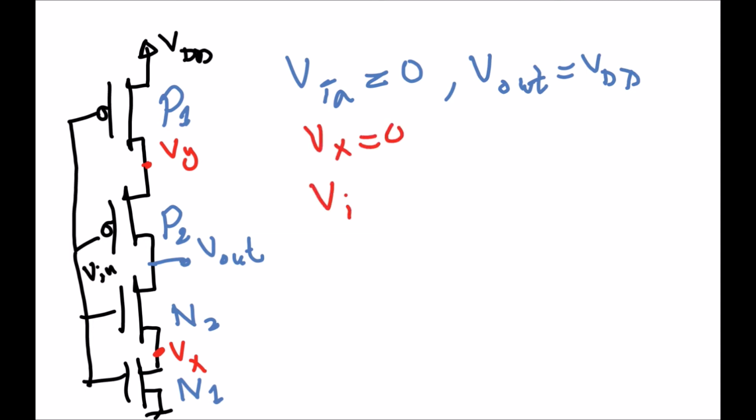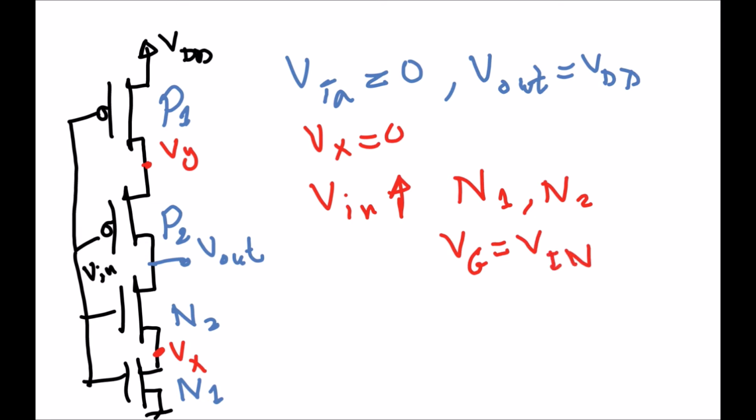As V input increases, now N1 and N2 have similar VG, which is V input, and they have similar V source, which is ground.